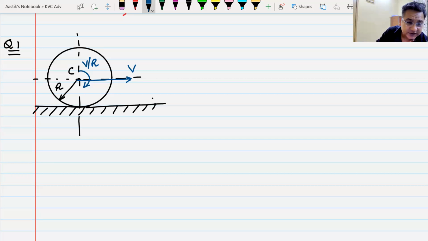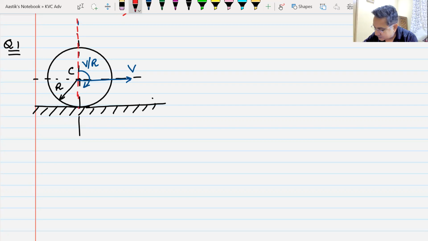How are you going to locate it? Since the velocity of center of mass is like this, it has to be perpendicular. So it must lie somewhere on this line. And the distance will be given by v divided by omega, and omega is given as v by r.